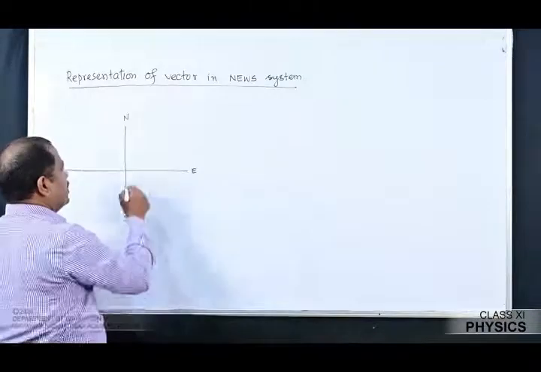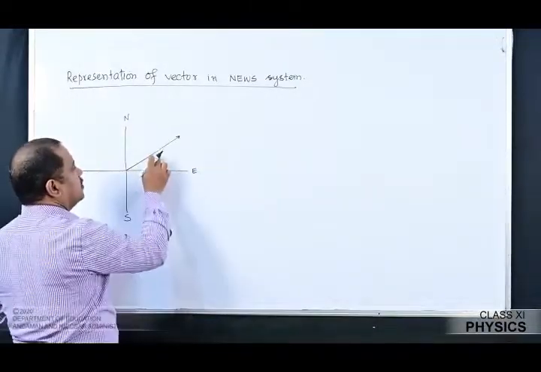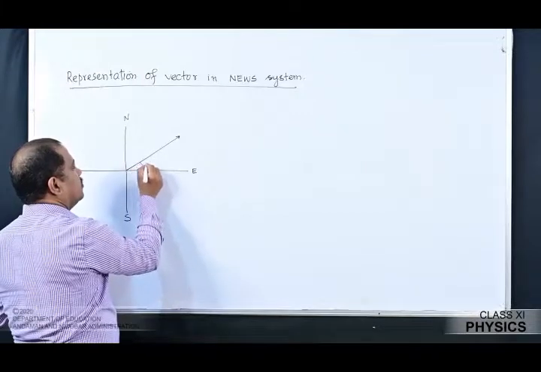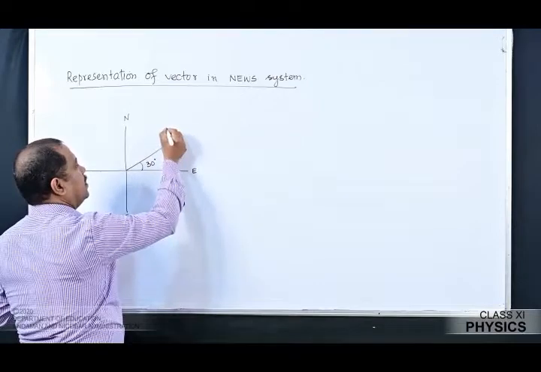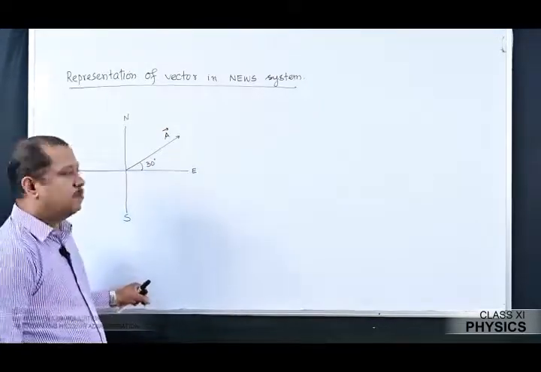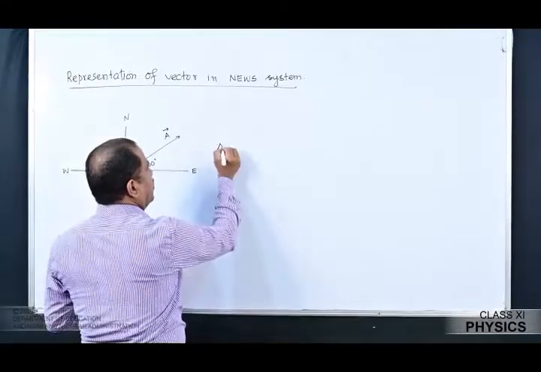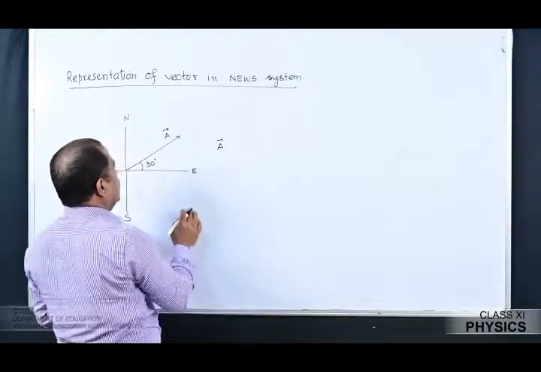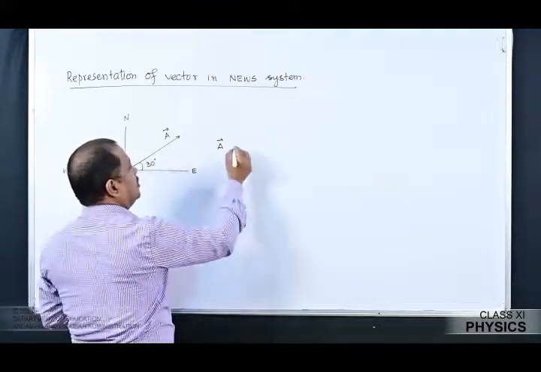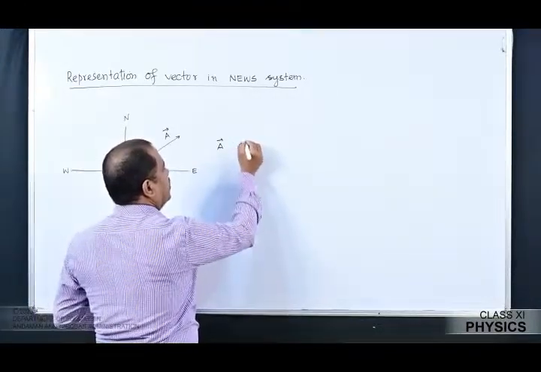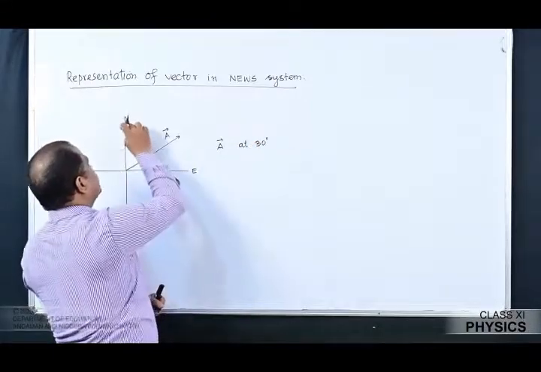So let me suppose that I have a vector this way, and I say this vector makes an angle of 30 degree here, and say this is vector A. So then how would I represent this vector? I would say that vector A is pointing along 30 degree, in which direction?